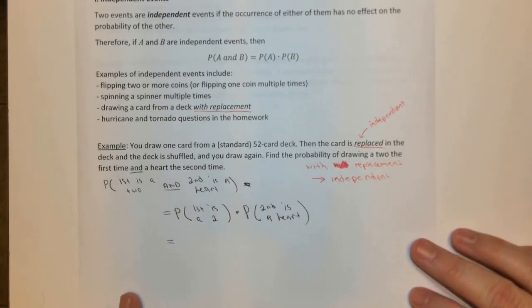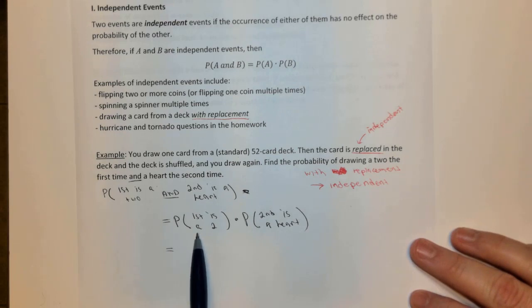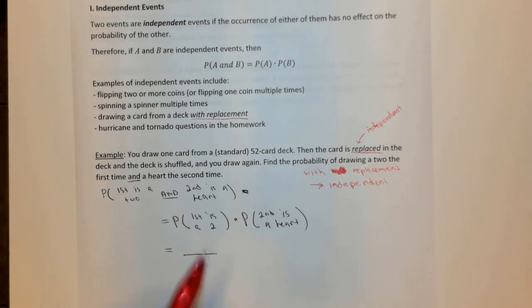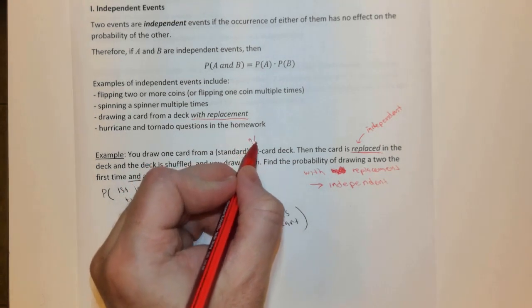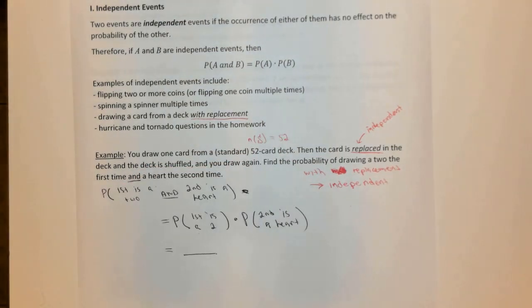The first one does not affect the second pull: the event of drawing a 2 and then shuffling the cards with that 2 back in there doesn't affect it. We should know that there's a total of 52 cards in a deck, so that's our denominator.